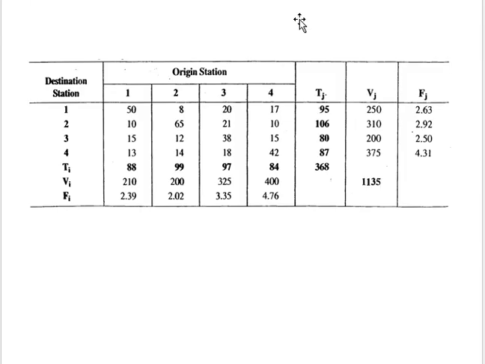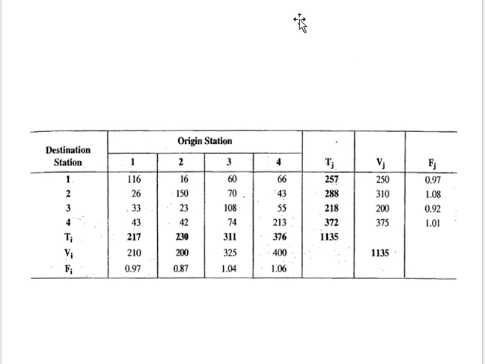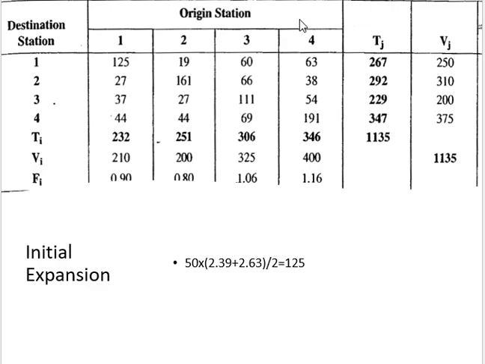This factor is 2.39, this factor is 2.63. So 50 will be multiplied by the average of these two. So I got 125. How did I get 125? Doing this.